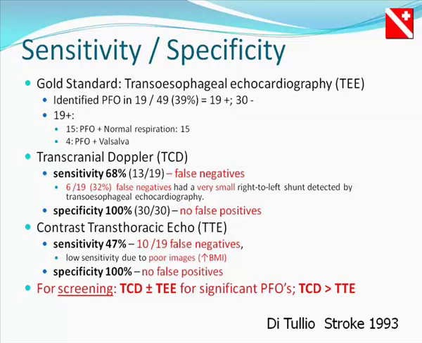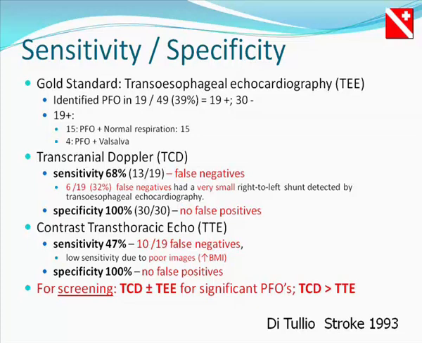So its sensitivity was 68%. One can add that fortunately the ones it missed were small PFOs. So one could arguably say that transcranial Doppler was comparable to transesophageal echo for significant PFOs from a screening point of view. So transcranial Doppler and by extension carotid Doppler are reasonable equivalents from a screening point of view.